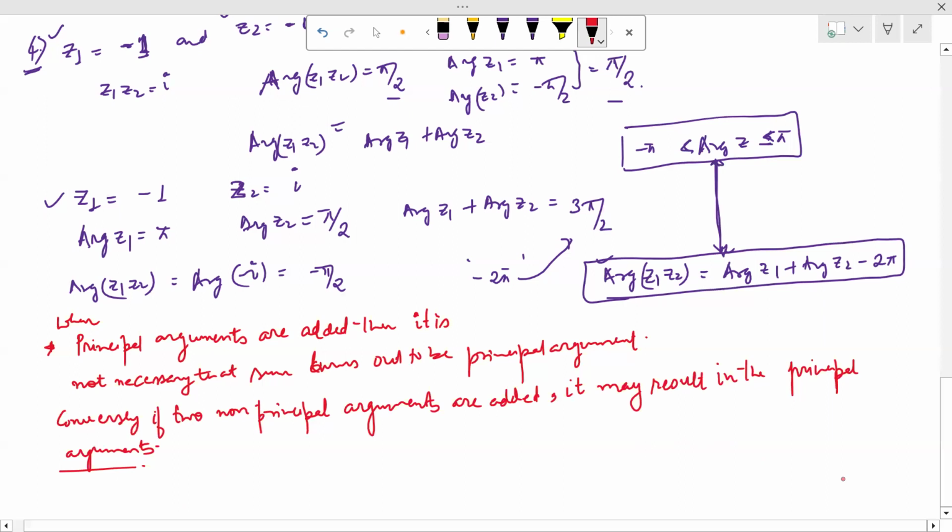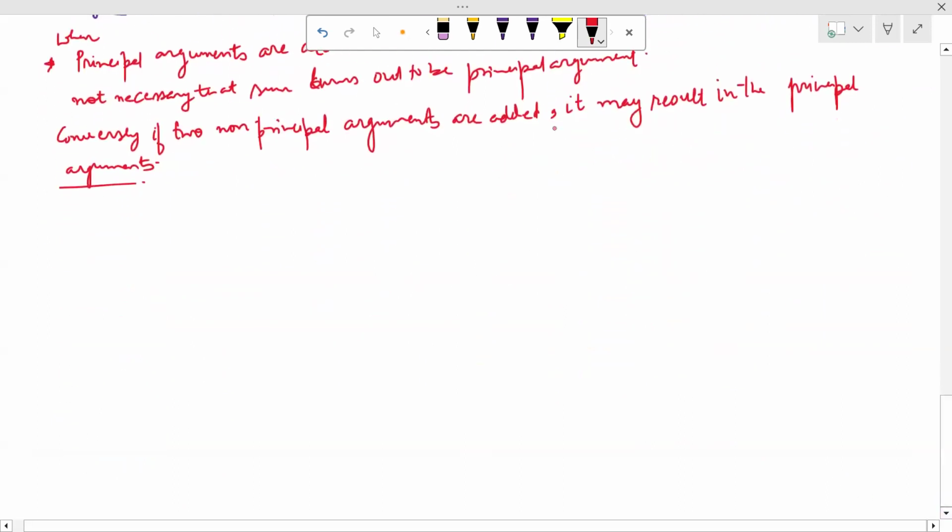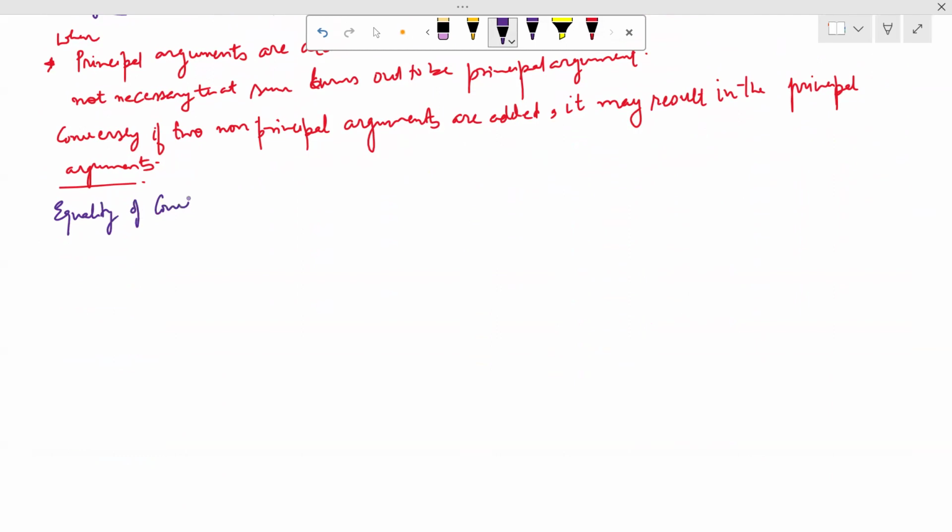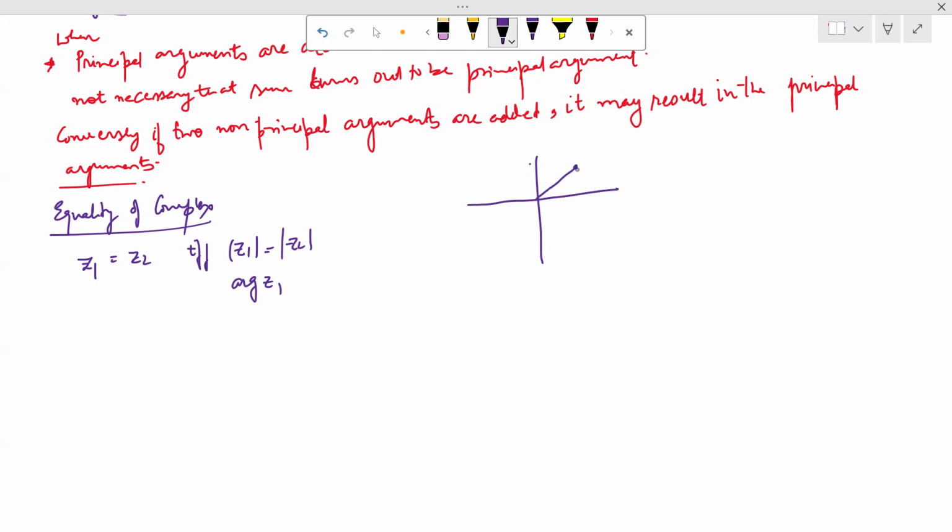Okay. So we have already written the equality of complex numbers. Two complex numbers are said to be equal if and only if their modulus is equal and their argument is equal. But what if the argument is written in general form? Then this particular thing can be 9 pi by 4 also, which is 2 pi plus pi by 4.